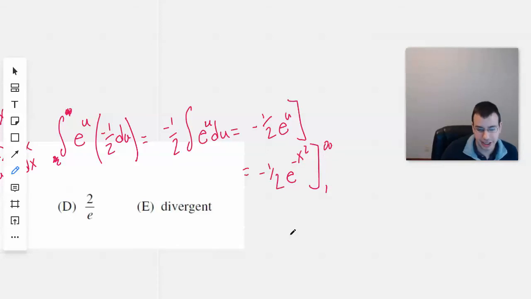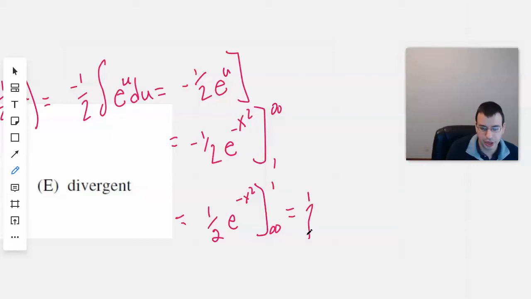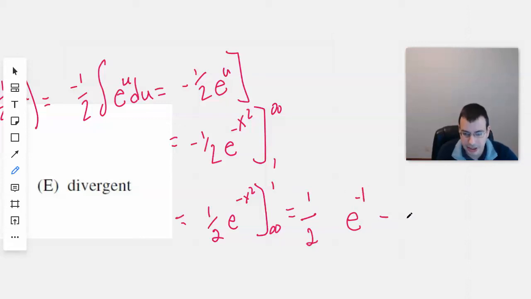Bush League, amateurs. So reversing the limits of integration, e to the negative x squared, 1 to infinity, which equals 1/2. Ooh, that one kind of got away from me. 1/2 e to the negative 1 minus e to the negative infinity squared.